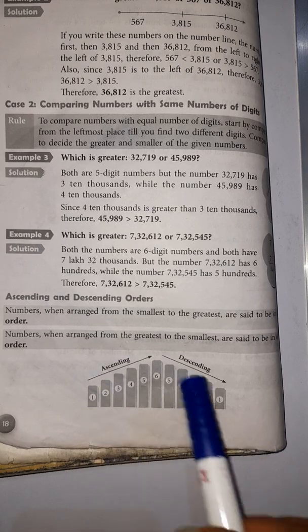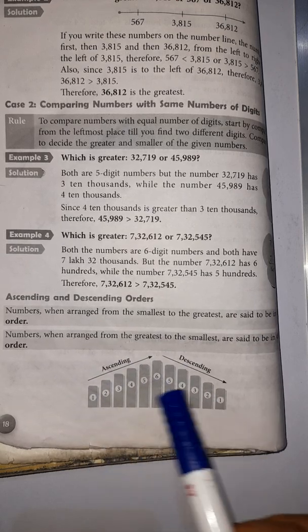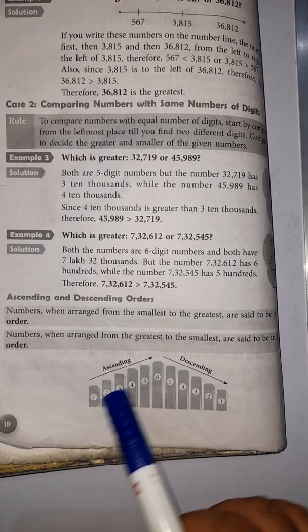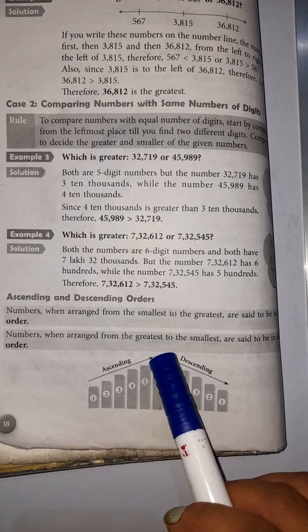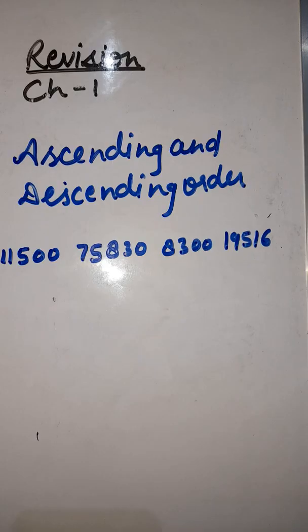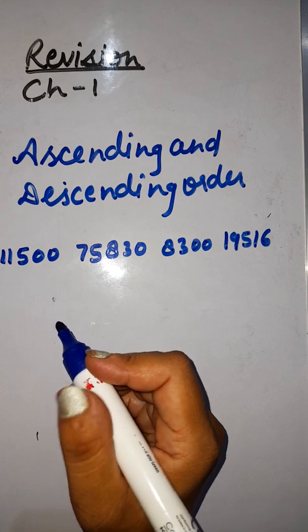The picture shown here has fences in ascending order 1, 2, 3. It means increasing order, छोटे से बड़ा, and decreasing is बड़े से छोटा.